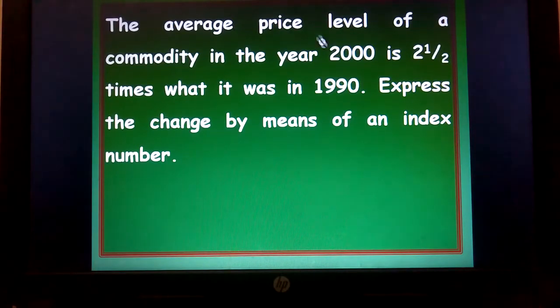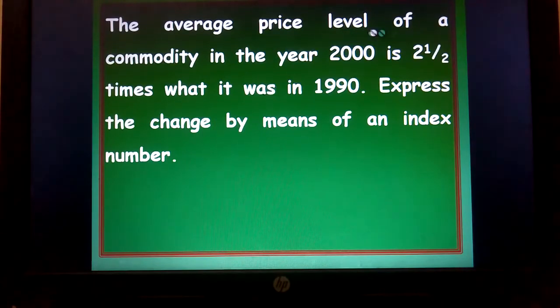The average price level of a commodity in the year 2000 is 2.5 times what it was in 1990. Express the change by means of an index number. Look at the question properly, understand it, then try to answer.